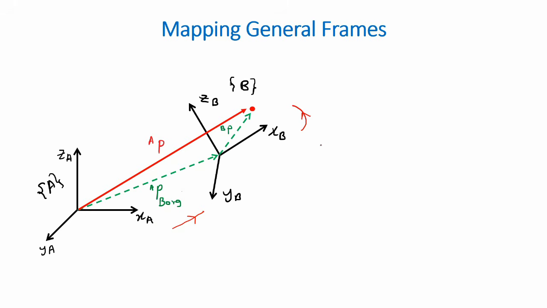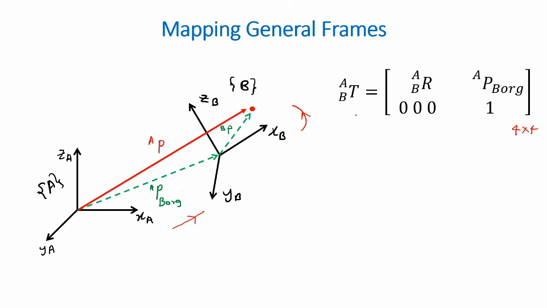Now for ease of use and by convention, we can represent both the rotation and translation in a single 4x4 transformation matrix. So the transformation matrix would comprise the 3x3 rotation matrix, the position vector for the translation of the origin of B, and the fourth row would just have 3 zeros and a 1 to complete the matrix.